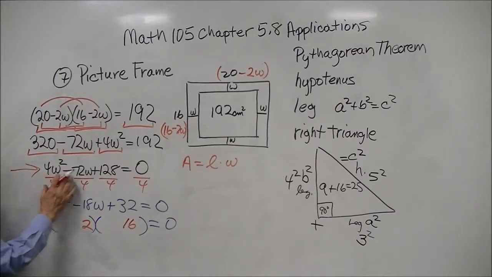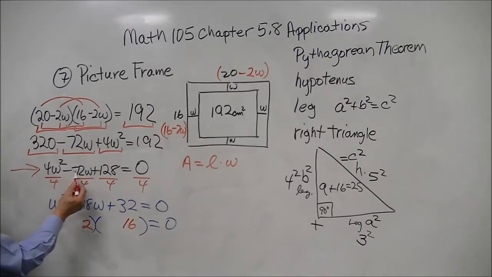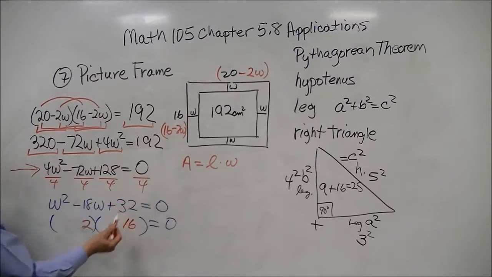Then I said, well, let's try to make it smaller numbers. So I saw that I could divide everything by 4, which is what I did. And then I got this equation, which is not the same, but it's equivalent.